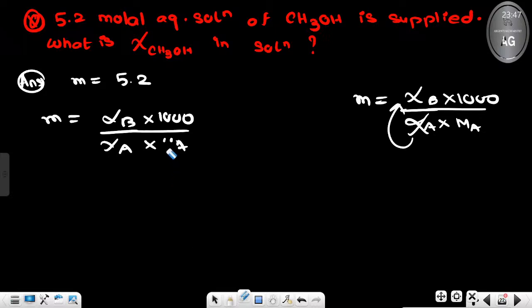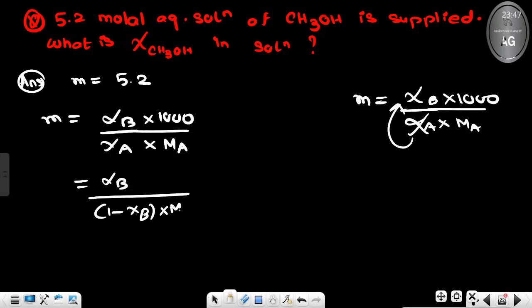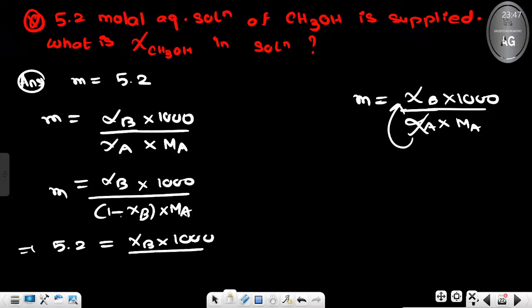Now instead of this I will write 1 minus psi b, so that I am getting the answer in terms of one variable only, so it becomes easier for me to solve. So 5.2 equals psi b into MA, into 18 minus 18 psi b.